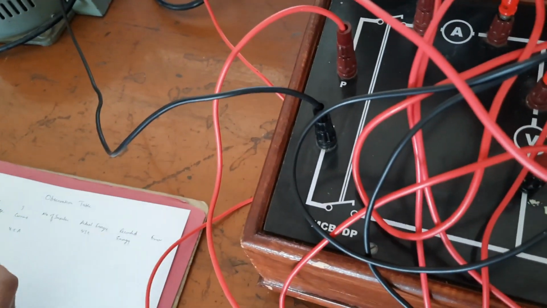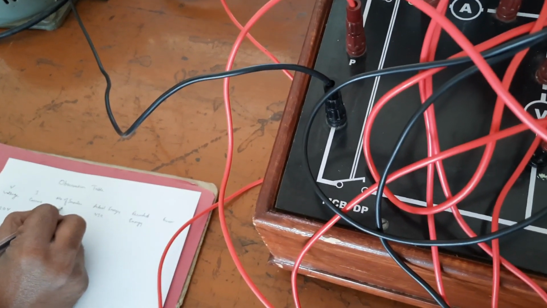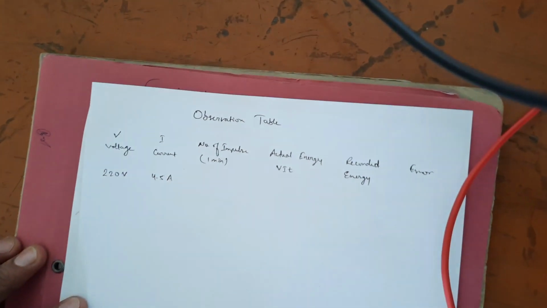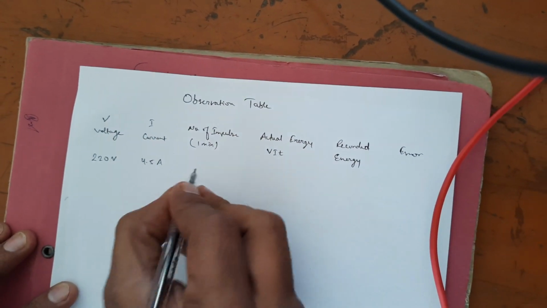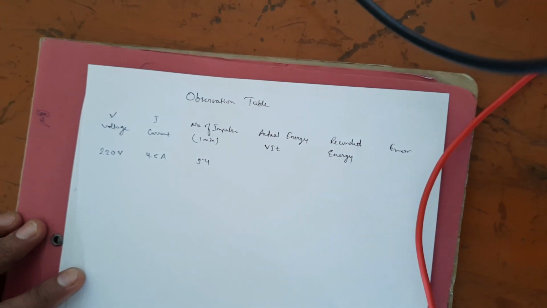The number of impulses for 1 minute is 54.